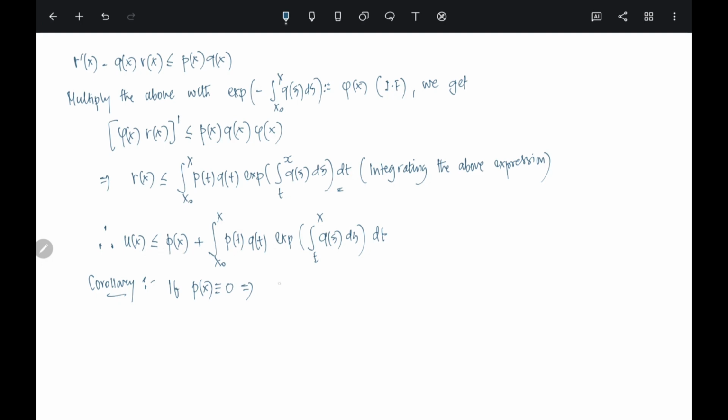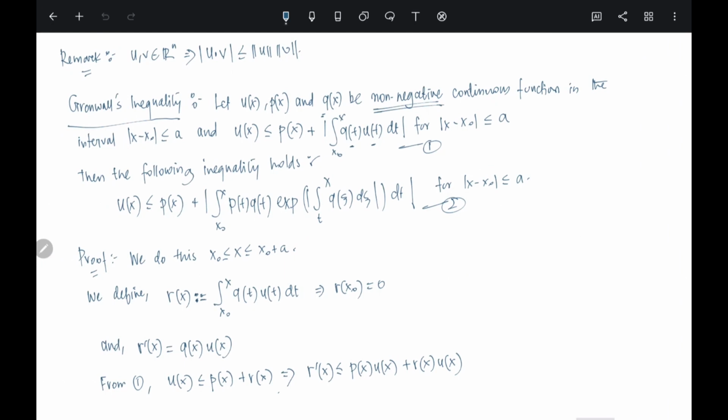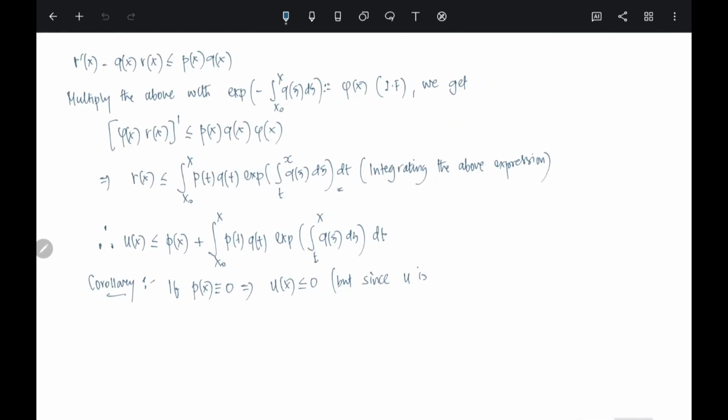So it means that u of x is always dominated by 0, but since u is non-negative, which is our assumption, that will imply that u of x has to be identically equal to 0.